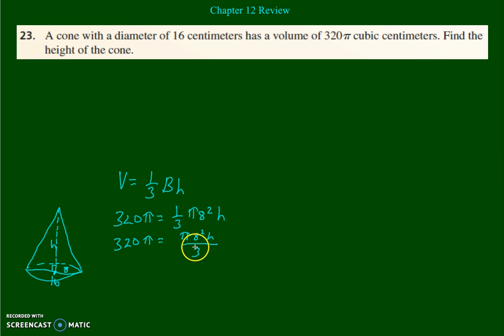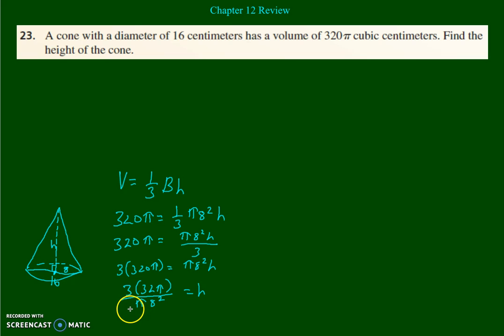These are just equivalent statements, in case you're uncomfortable with this format. So now we are going to multiply by 3. So 3 times 320 pi equals pi 8 squared h. Now, to get rid of all this stuff, to solve for h, we're going to divide both sides by pi 8 squared. So 3 times 320 pi over pi 8 squared equals h.